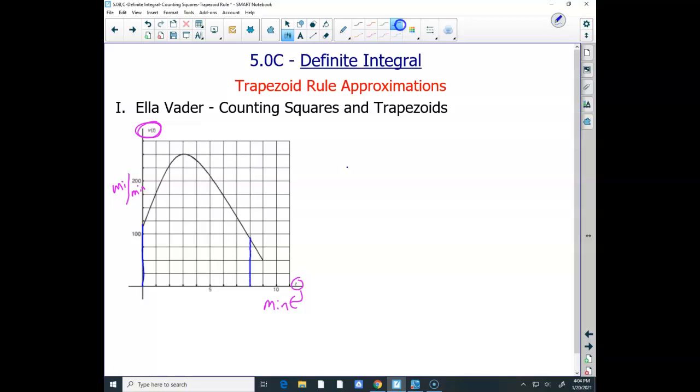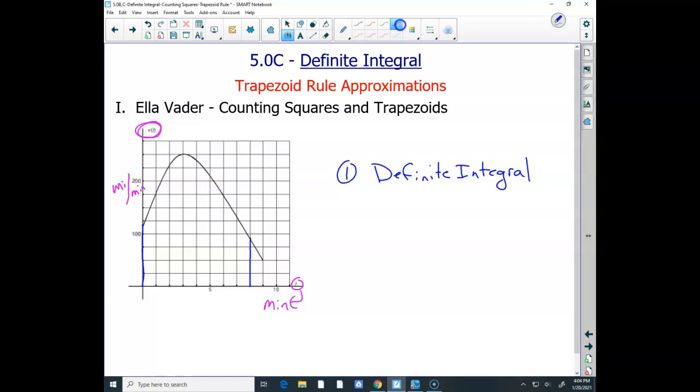What mathematical concept, in number 1, would be used to estimate the distance Ella goes between t equals 0 and t equals 8? That's right. Definite integral, because I will be accumulating area underneath here.